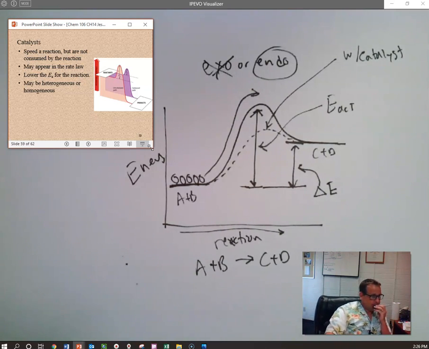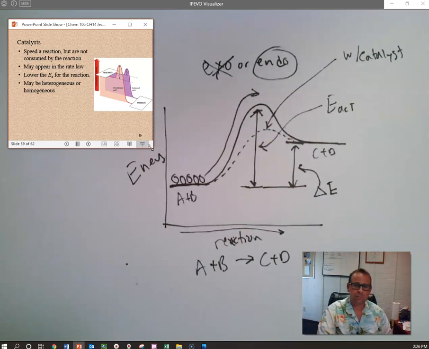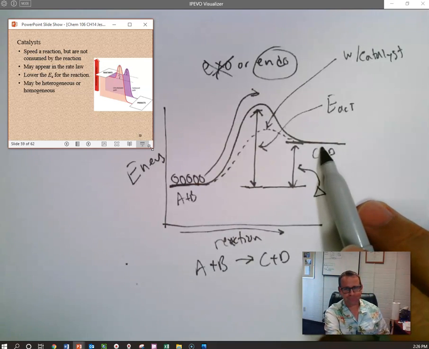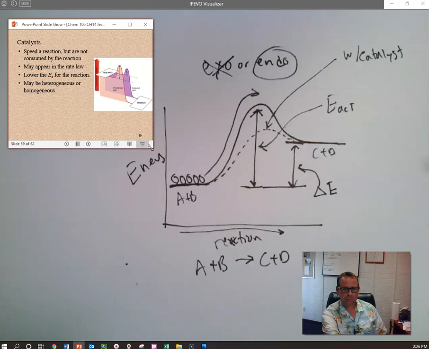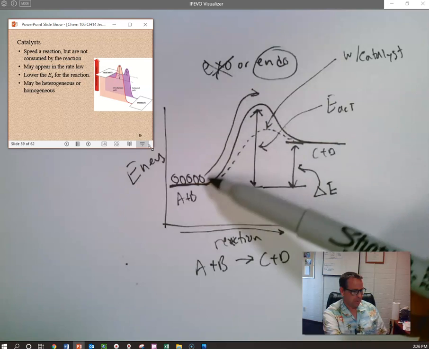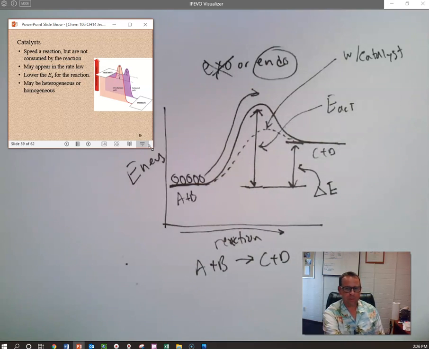I actually have a question about that. Yeah. Sorry. So I was watching this lecture, and you said that the molecules can go up the activation energy slope and back down, until they reach the point that they come over it and the reaction occurs. Where does that energy go if it just keeps going back up and back down? Is that just the rate of motion? Is it just the kinetic energy that's changing?